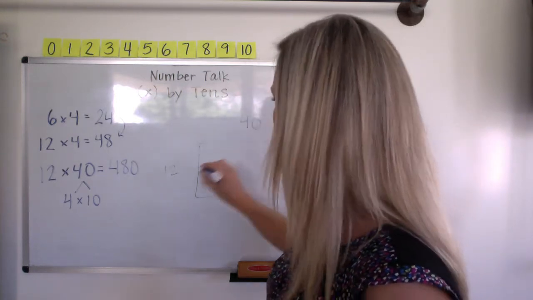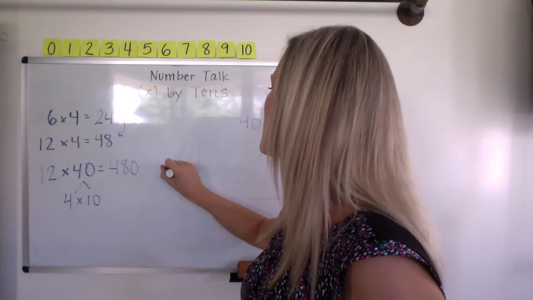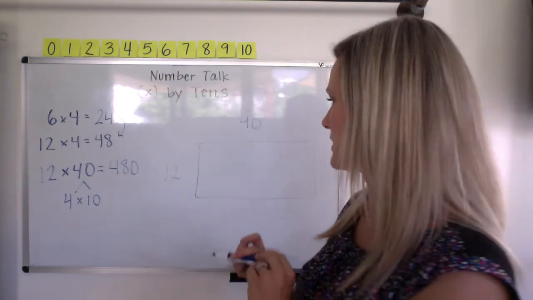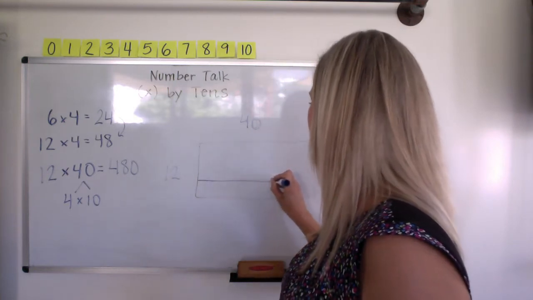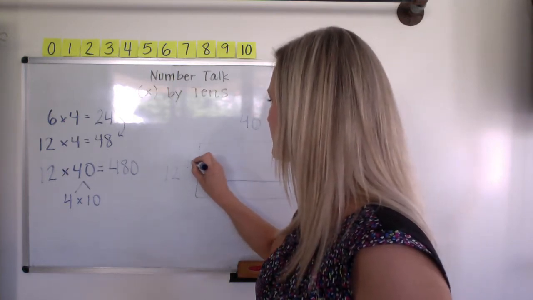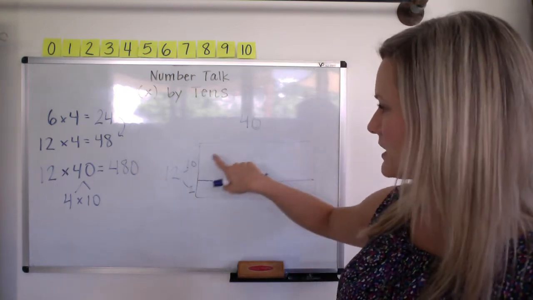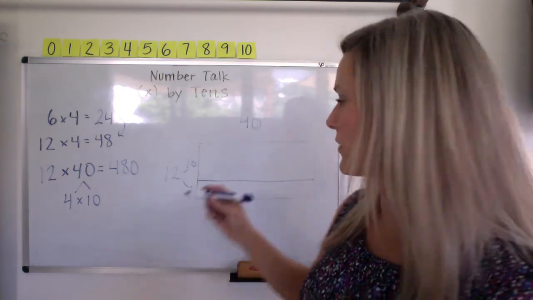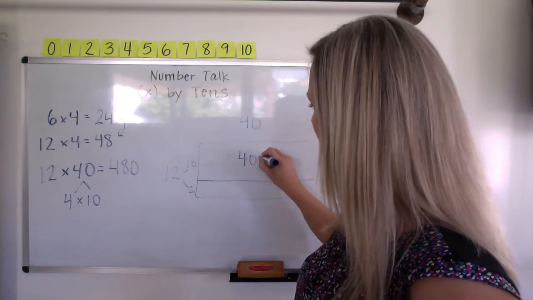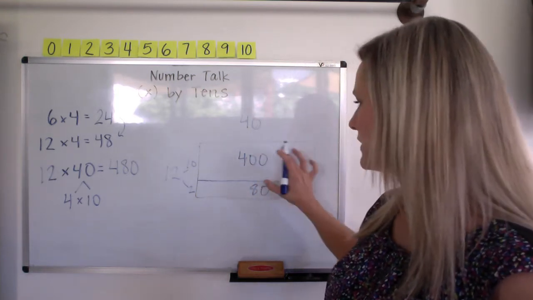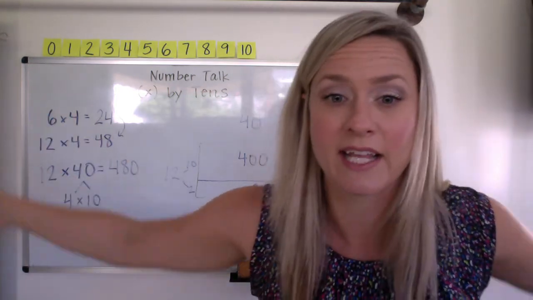All of them are. I need new markers. Send me the markers. Okay, so maybe you decided to split up the 12 into a 10 and a 2. So maybe you did 40 times 10 and you knew that would be 400. And 40 times 2 and that would be 80. And you put those together and that's 480.